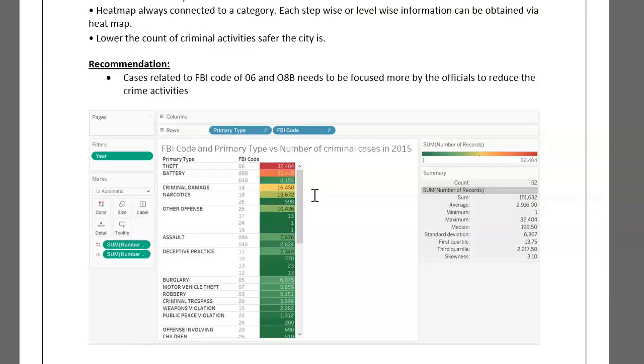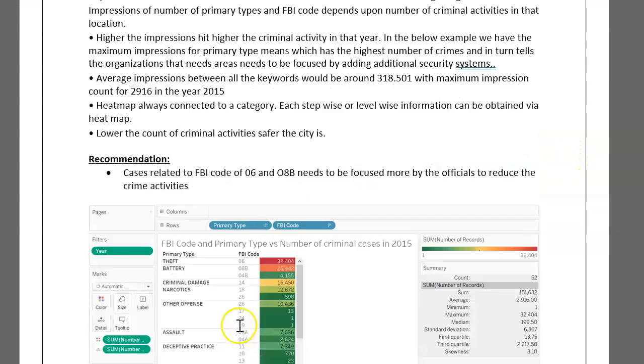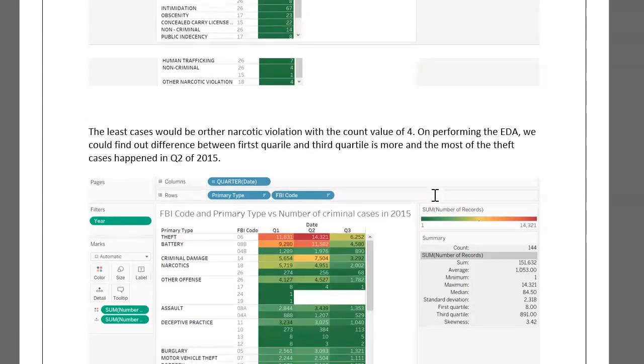This can be illustrated using a heat map, where we find stepwise information which is color coded and easy to present. If a business firm wants to analyze more on this data, it will be easy for them to understand it by the color coding. So the heat map will be chosen here.